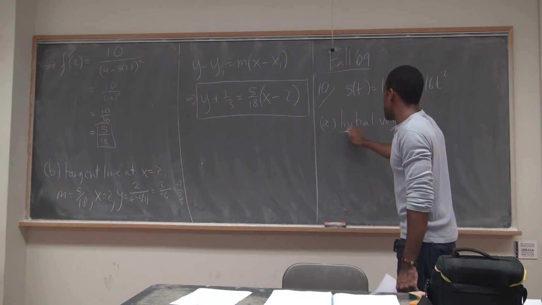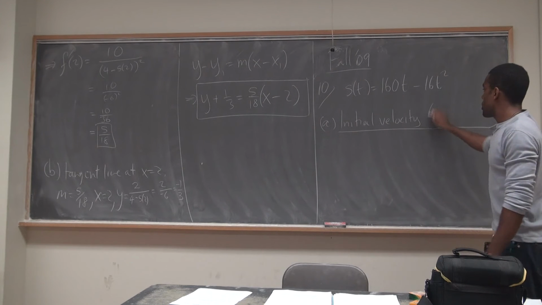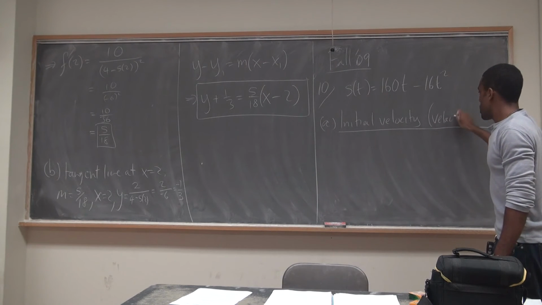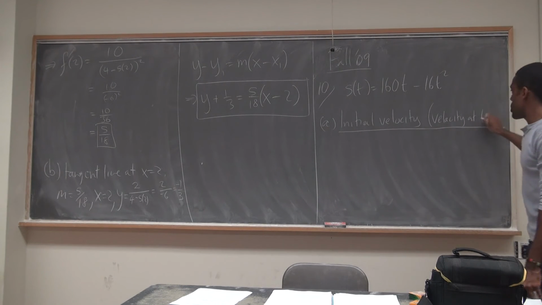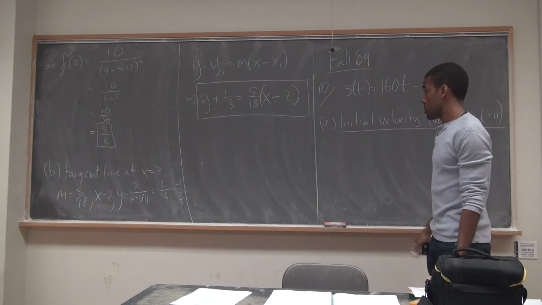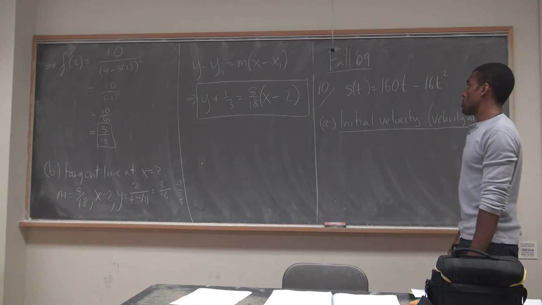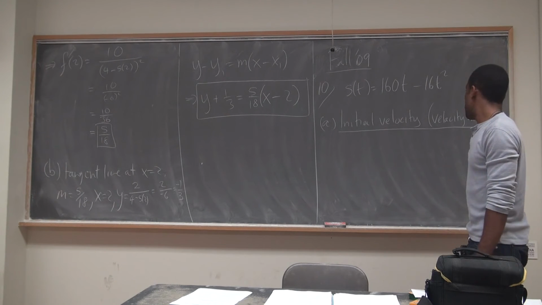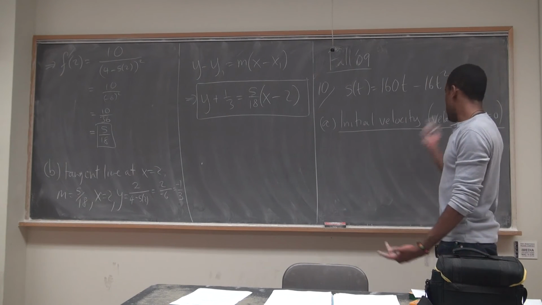What is initial velocity? Velocity at time equals 0. Okay, so how do I get that? You first have to find the velocity.